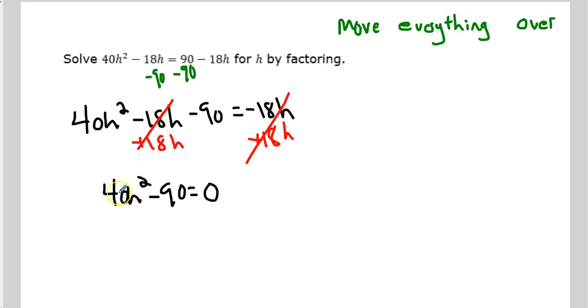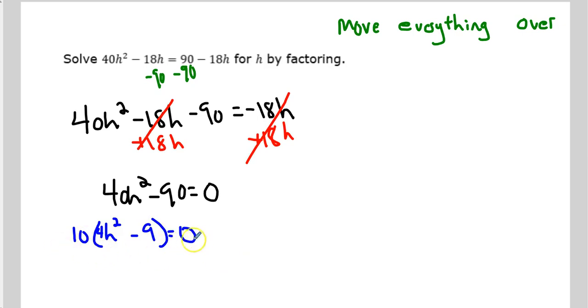Now before I try to factor this out, you noticed we have a greatest common factor here, which we can use to make the problem easier for ourselves. 10 goes into 40 and 90. So I'm going to factor out 10. So I have 4h squared minus 9. Okay?